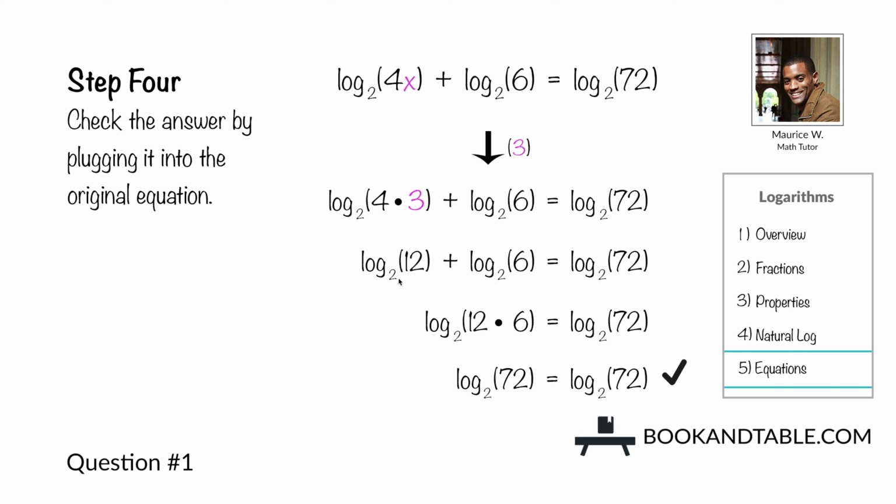And the log base 2 of 12 plus the log base 2 of 6 means we can multiply 12 times 6 using the product rule here. And 12 times 6 would be 72. So we find the log base 2 of 72 is equal to the log base 2 of 72, confirming that x does equal 3.